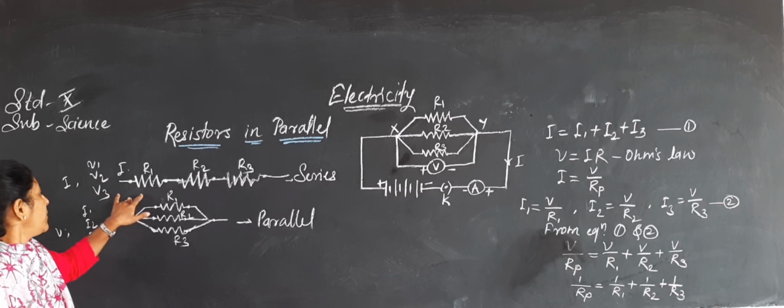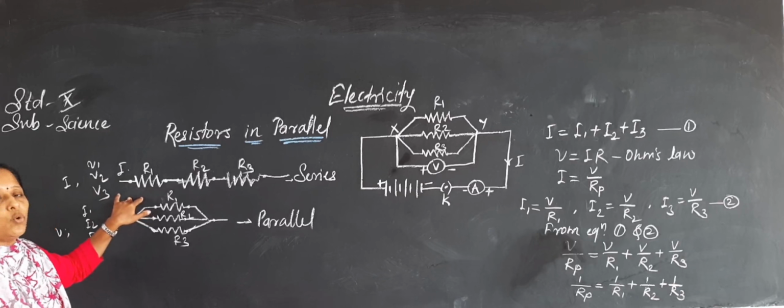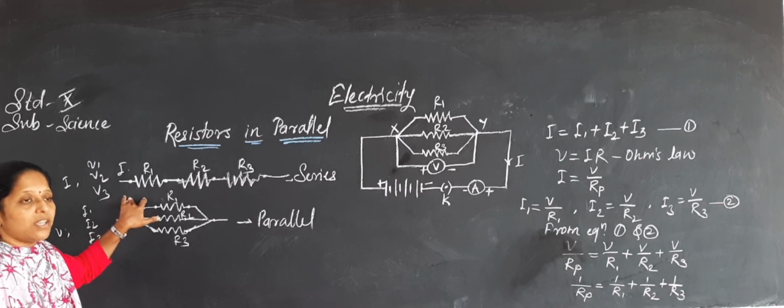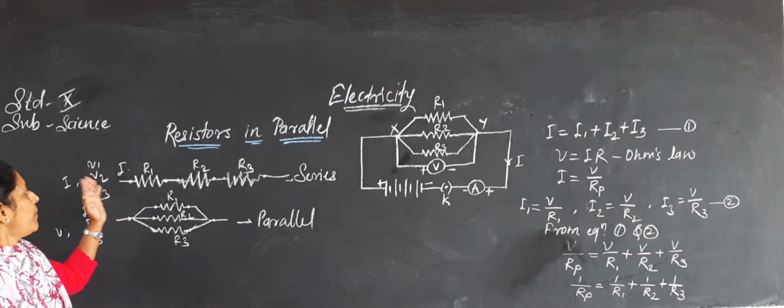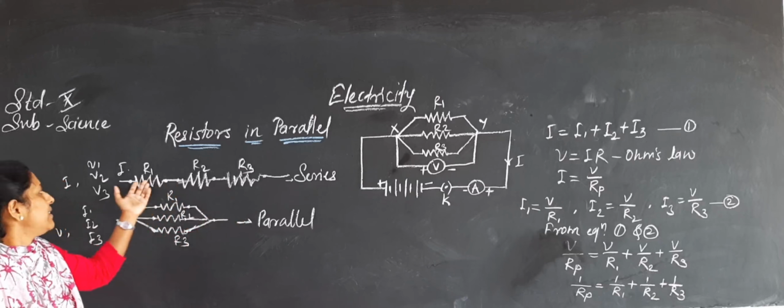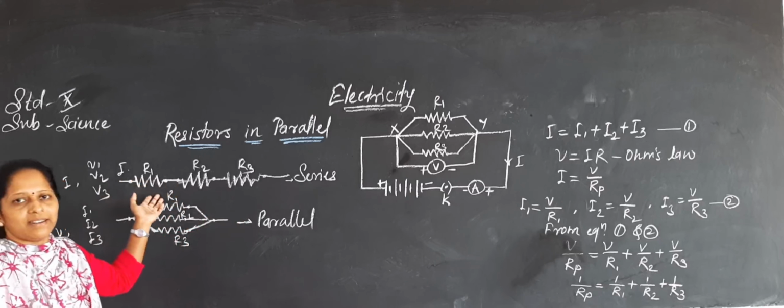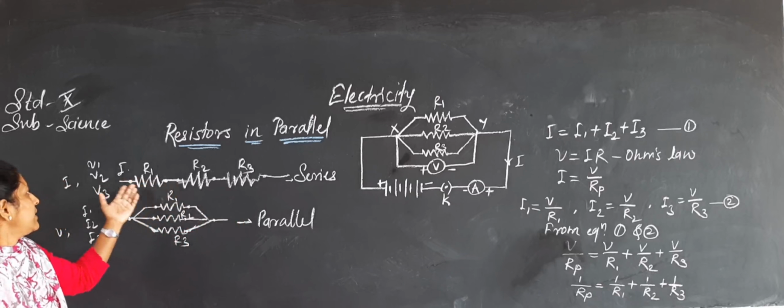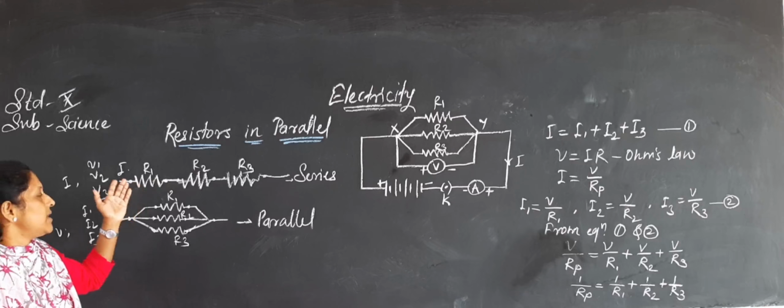If we give 240 volts, the voltage is divided as per the capacity, which is inbuilt in the resistances.